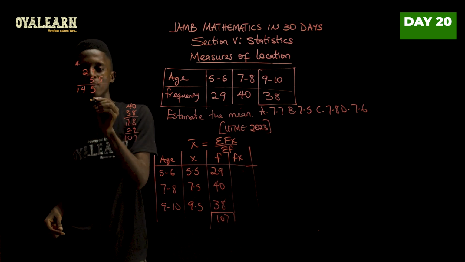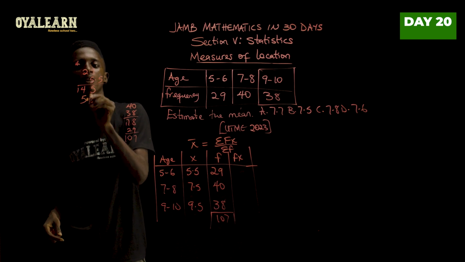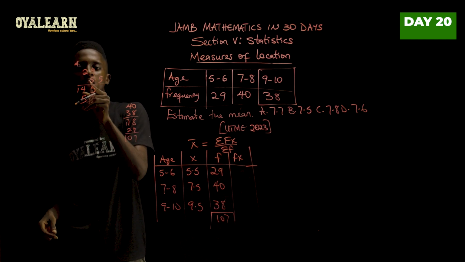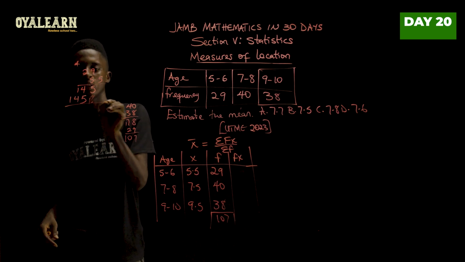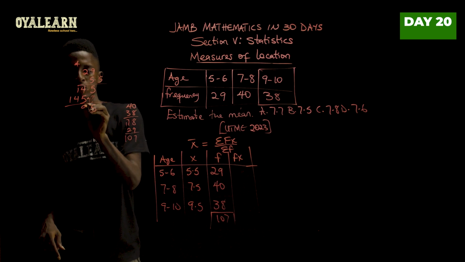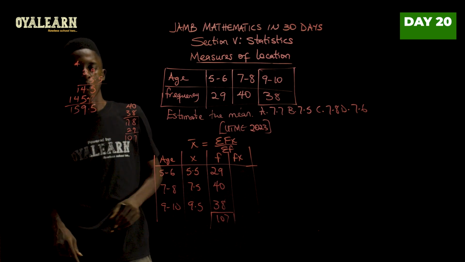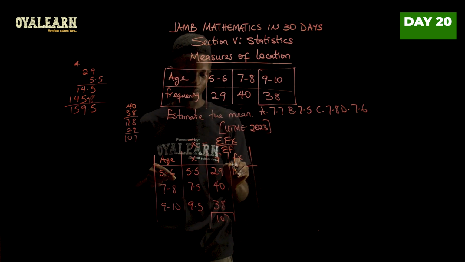And then 5 times 9, 45 again. And then 5 times 2, 10, so we have 14. Now the decimal point will be here, so we'll have 159.5.